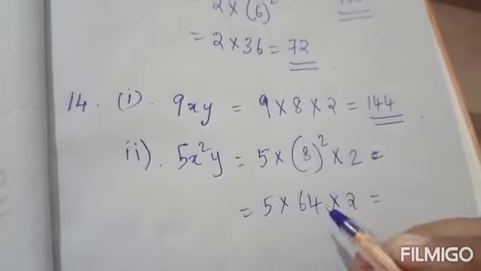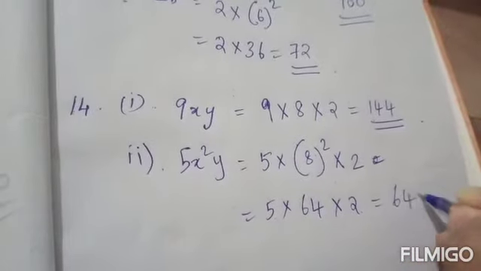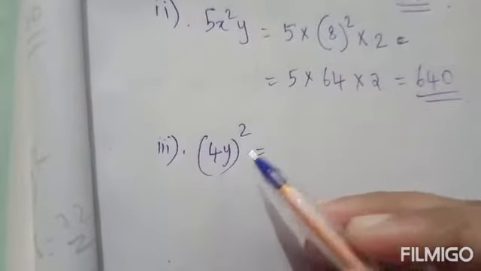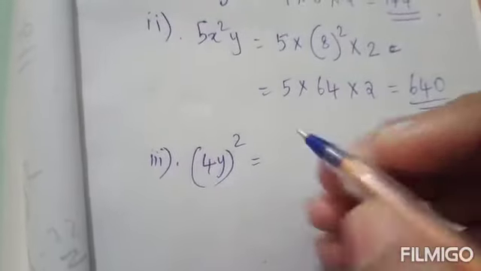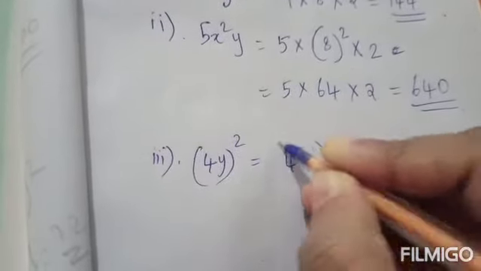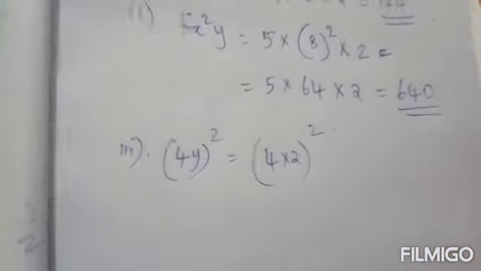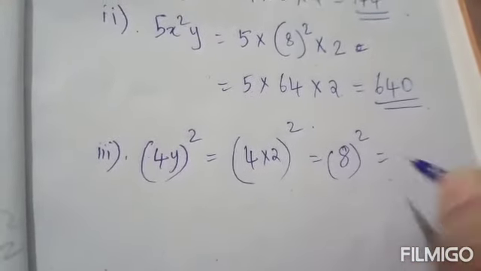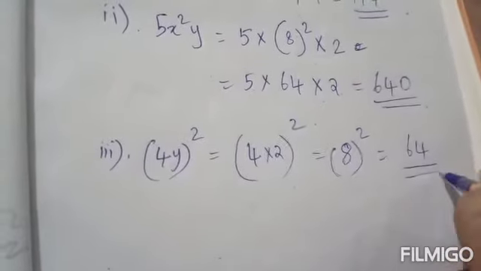You will get 5 into 64 into 2, it is 640. Third, 4y whole square. So giving y the value, you will get 4 into 2 whole square. So 4 into 2 is 8 square. 8 square is 64.